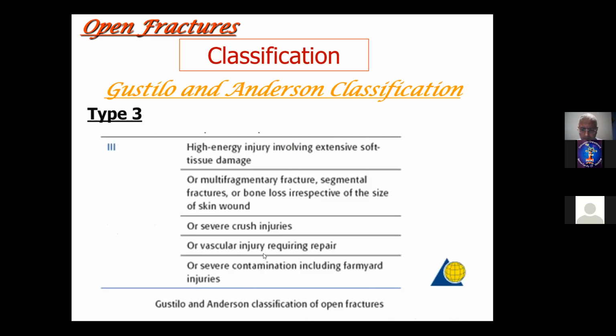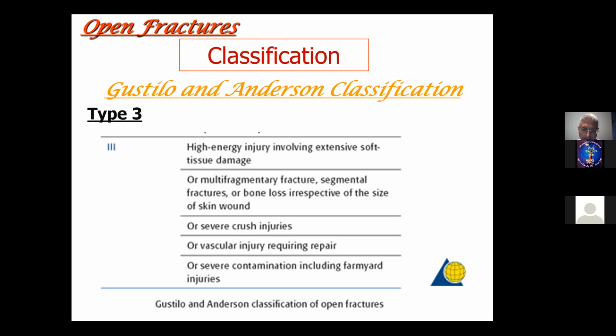So type 3, as you see, this is a photocopy from the AO. Type 3 is not determined by just the size of the wound, but by the quality of the soft tissue injury and the quality of the bone injury. Type 3 is high energy fractures involving extensive soft tissue damage, or multi-fragmentary fractures, segmental fractures, or bone loss, irrespective of the size of the skin wound.